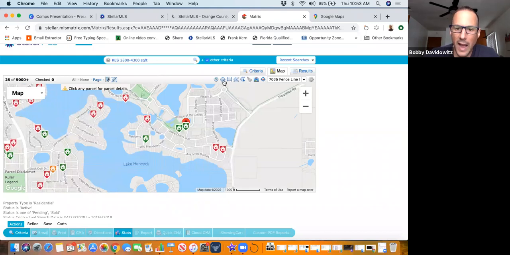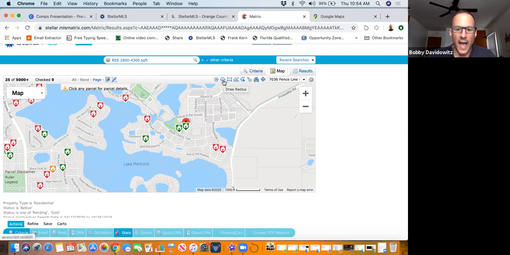So you can do that by basically using a shape just to draw outside of this area. Now, there's different shapes. There's a radius, there's a rectangle you can draw, and there's a polygon that you can draw, right? So you can draw weird shapes if the neighborhood's a weird shaped neighborhood. In this particular case, I can probably draw a rectangle around it.